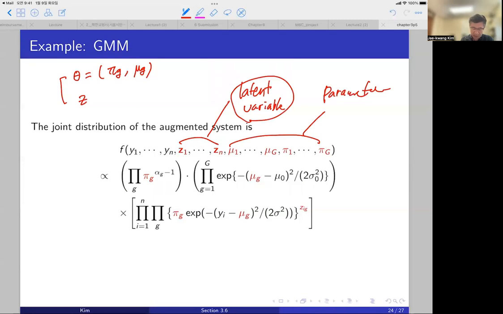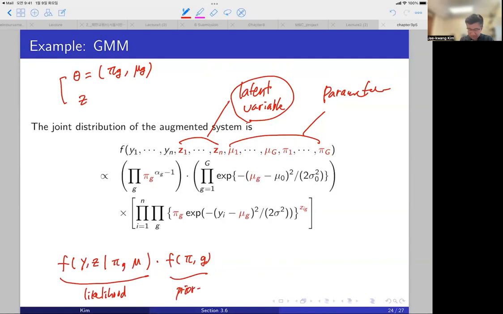So the joint model is basically: we have the data y and z given the parameter theta, and the parameter we can write as pi g and mu g, and then we have a prior. So this is the likelihood part, and this is the prior part.